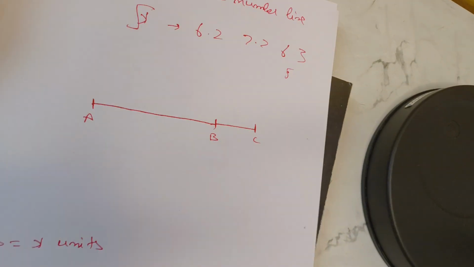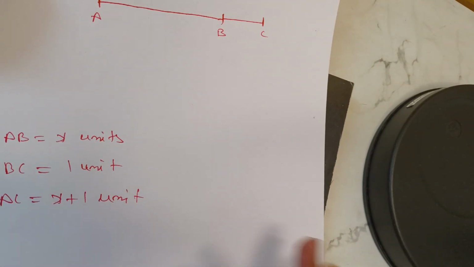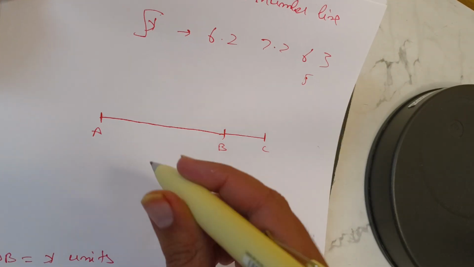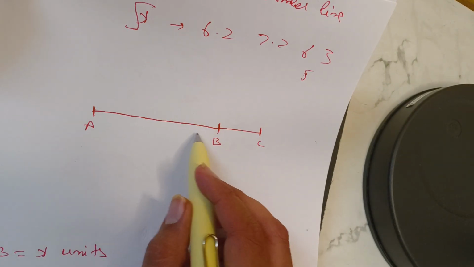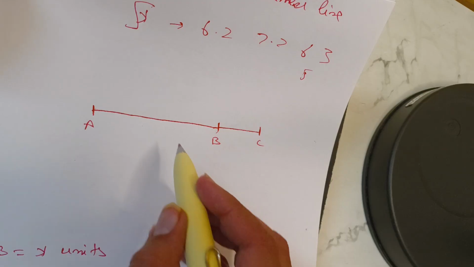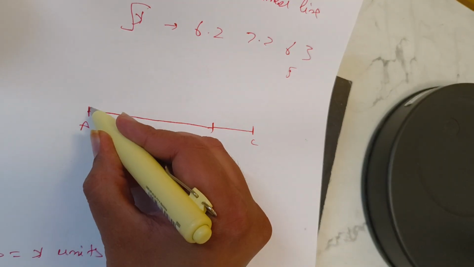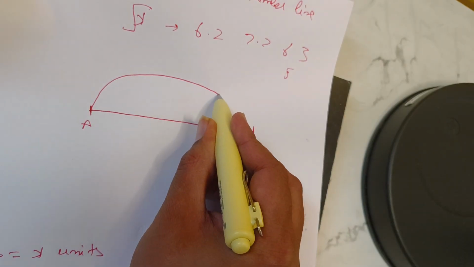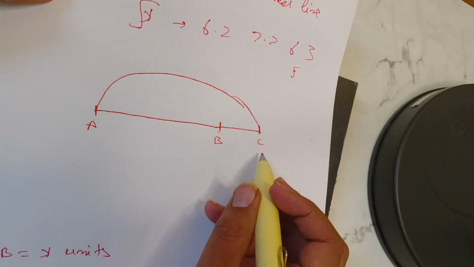Now we will take this x plus 1, this whole AC as our diameter and draw a circle. This AC is the diameter. So our radius is half of AC, x plus 1 by 2. So we will draw basically a circle like this, taking radius as half of AC.